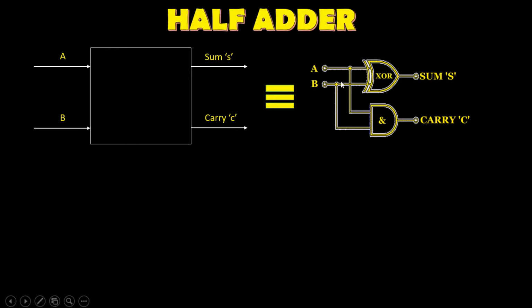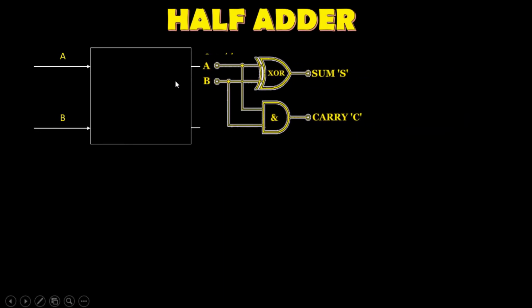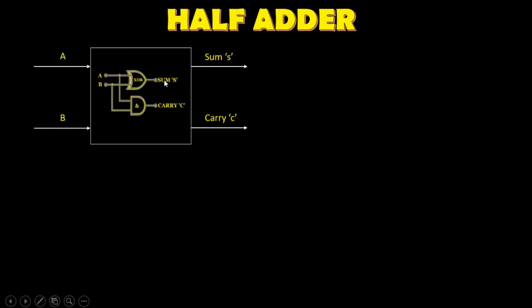The circuitry of the logic circuit is inside this block here. However, because we are only interested in the inputs and outputs of the adder, we can just disregard the circuitry altogether. So the half adder is what we call a combinational logic circuit.